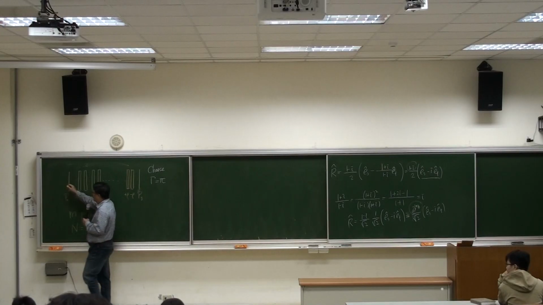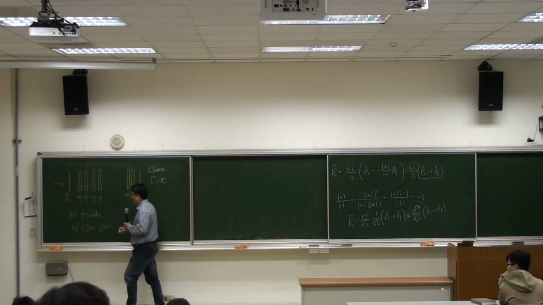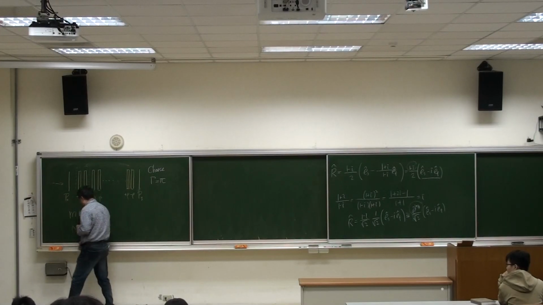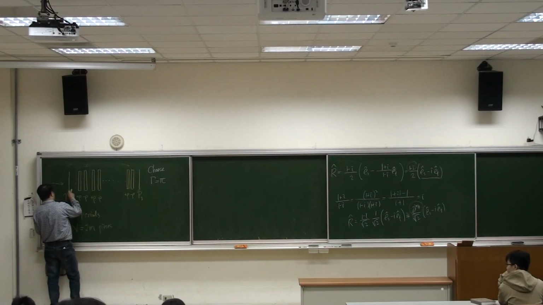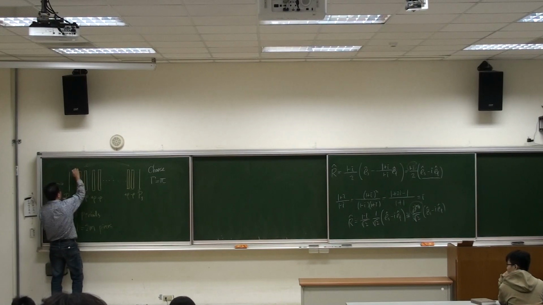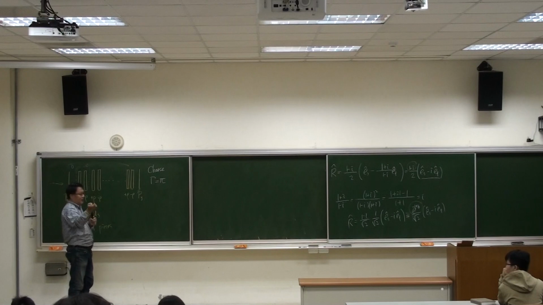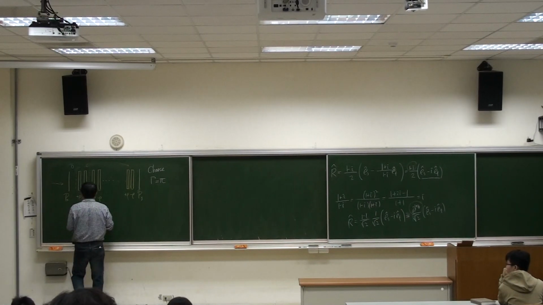First, we send a beam of unpolarized light. After penetrating through the first polarizer, the X polarizer, we get the polarization along 0. Okay, 0 means X polarized light.